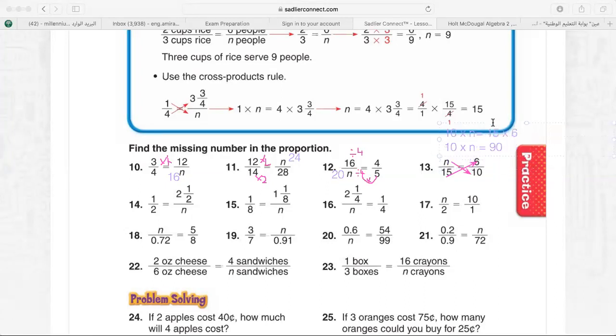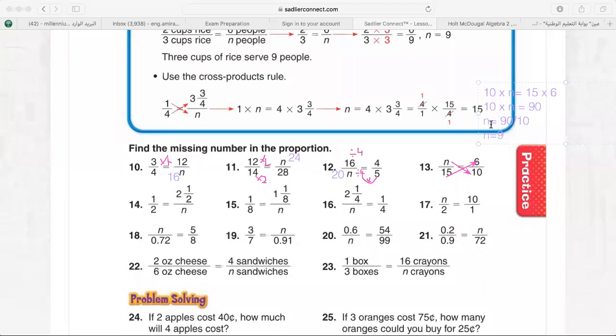But how will I get n? n will equal 90 divided by 10, which is equal to 9. See the steps here? 10 n is equal to 15 multiplied by 6, so 10 n is equal to 90.